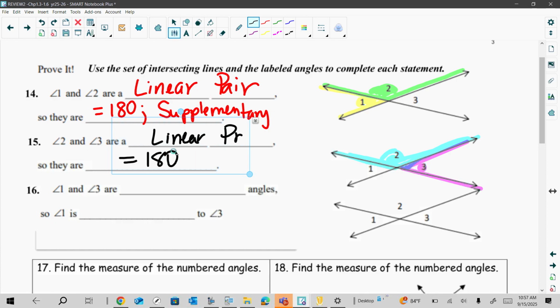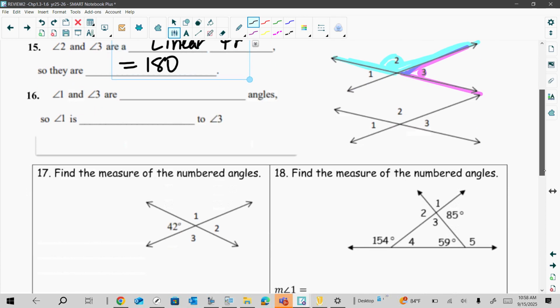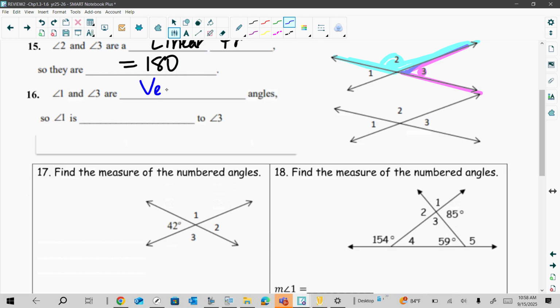All right, the last one says 1 and 3. Yep, they are vertical. So angle 1 is blank to angle 3. Opposite. Congruent. If they're vertical, the relationship is they're congruent. You need to maybe study this and study the relationship to all 5 angle types.